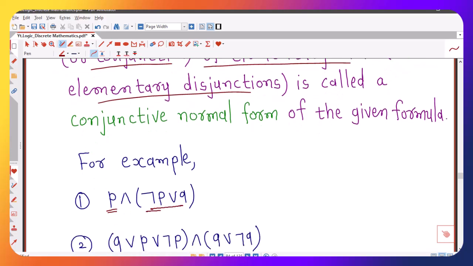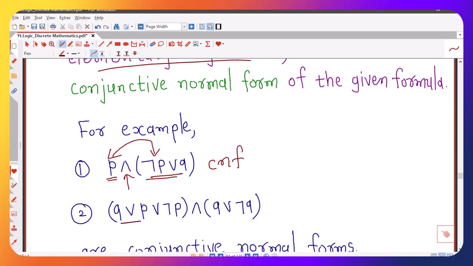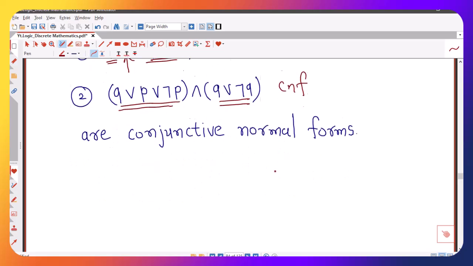This is another elementary sum, and we are joining them by this AND operator. Therefore, this is conjunctive normal form. Similarly, here I have taken this elementary sum. This is another elementary sum. Both are joined by AND operator. So this is another example of CNF.